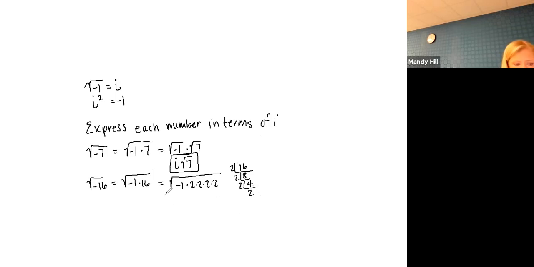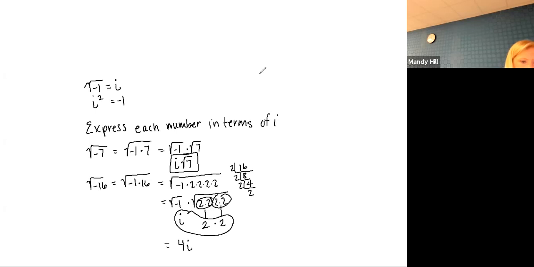Then we have the square root of -1 times the square root of 2 times 2 times 2 times 2. The square root of -1 is I, and we can pull out anything that we have a group of. So I could pull out a 2 for this, and a 2 for this. 2 times 2 is 4, and then usually people would stick the I in the back, and that would be the final answer.